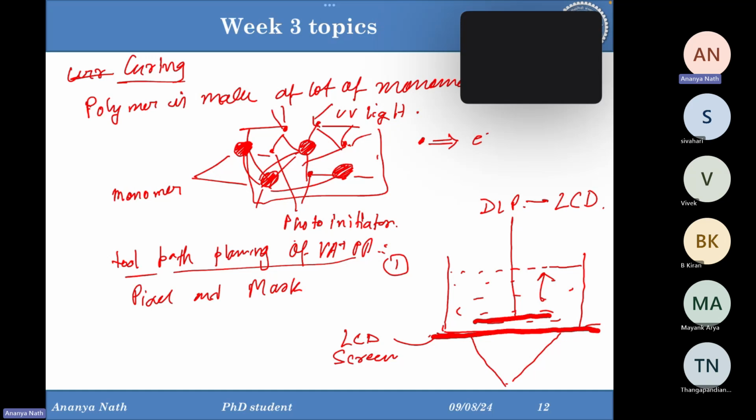So what happens is there is an LCD screen. In the LCD screen, there are small square pixels, like the pixels present in our camera, in our phone picture. When you take a picture and zoom in, sometimes we see the picture gets divided into pixels, and we say the picture quality is not good, right? So that is how pixels work here also.